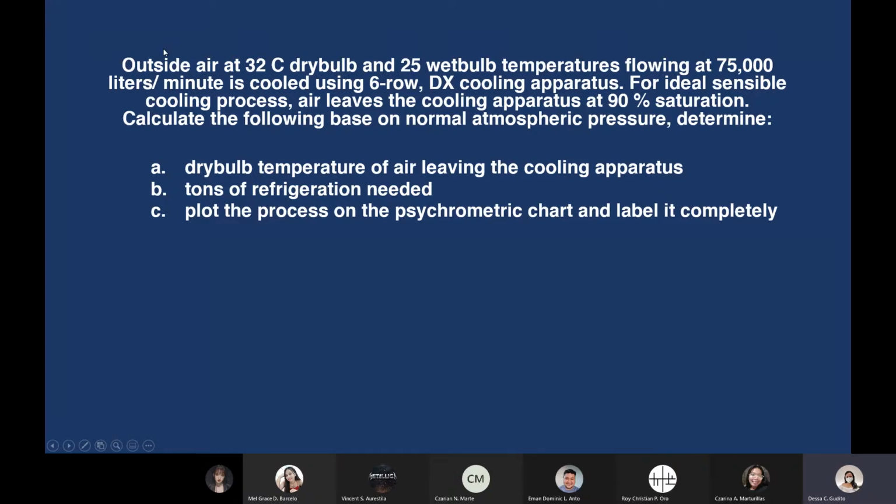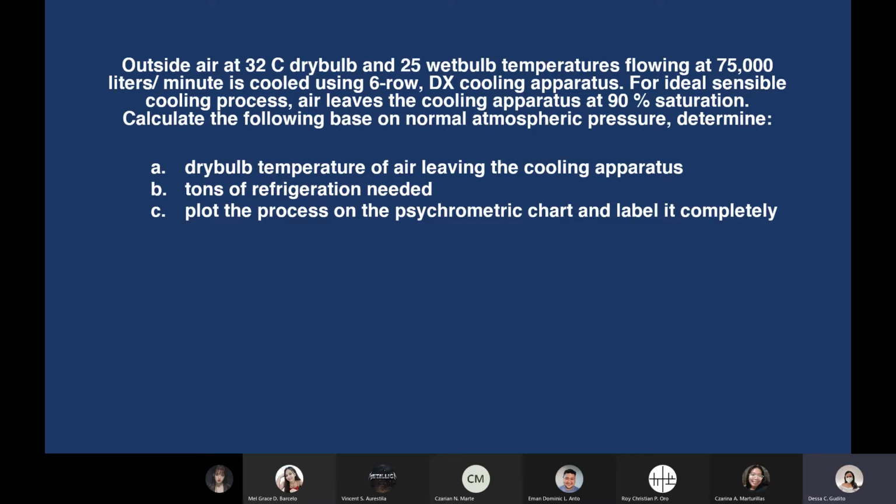For sensible cooling, we have outside air at 32 degrees Celsius dry bulb and 25 degrees Celsius wet bulb temperature flowing at 75,000 liters per minute, cooled using a 6-row DX cooling apparatus for an ideal sensible cooling process.